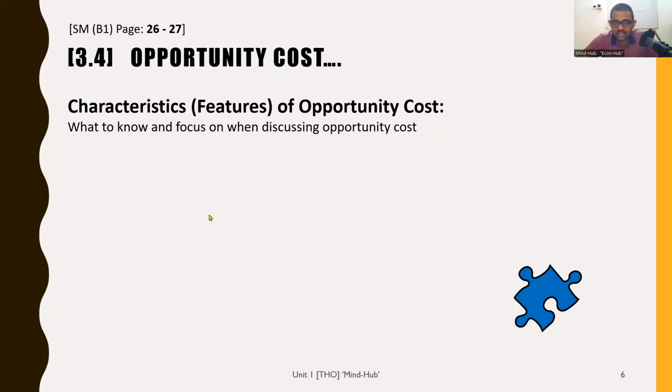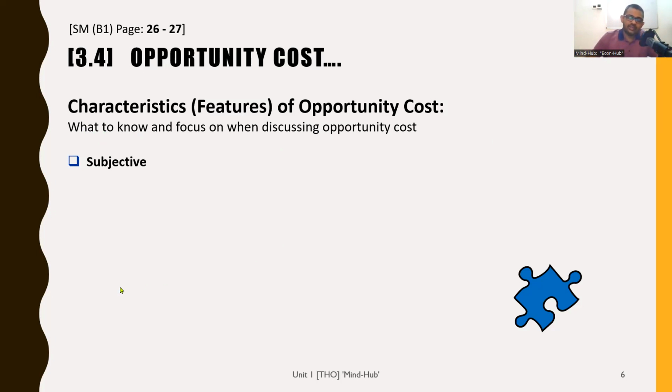Let's talk about the characteristics or features of opportunity cost. How do we identify opportunity cost? What are the key things we should know about opportunity cost? What to know and focus on when discussing it. First and foremost, opportunity cost is highly subjective.